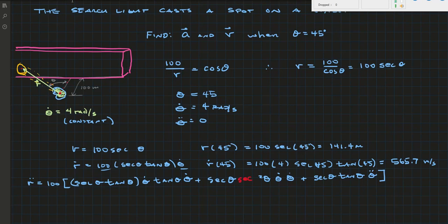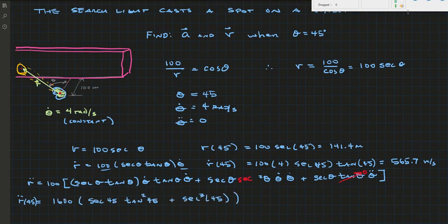Okay, there we go. So now it's just a plug and chug situation where for theta we put in 45 degrees, and for our theta dot and theta double dot we put in the values. Well, theta double dot is going to be 0, so this is going to kill this. And for the theta dots we just stick in the 4 rads per second.